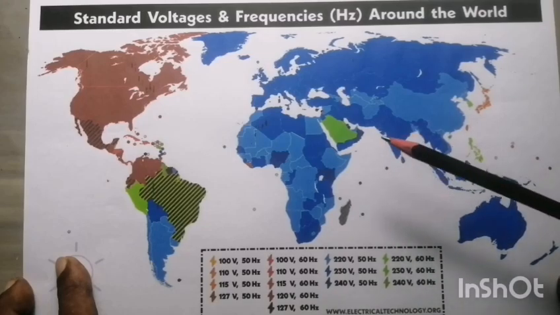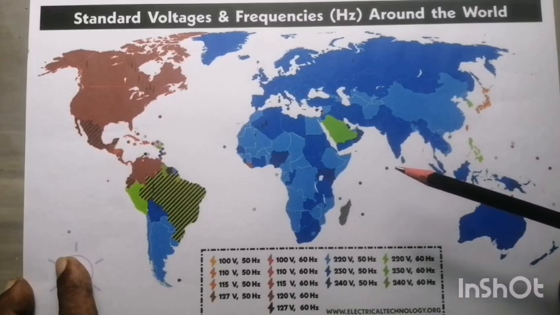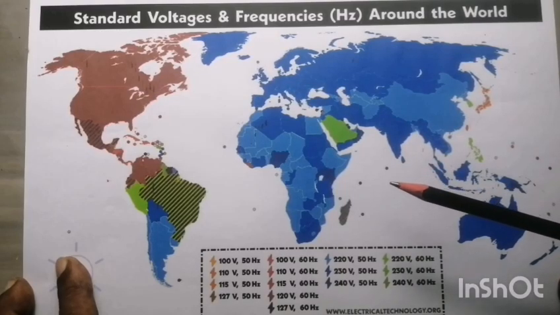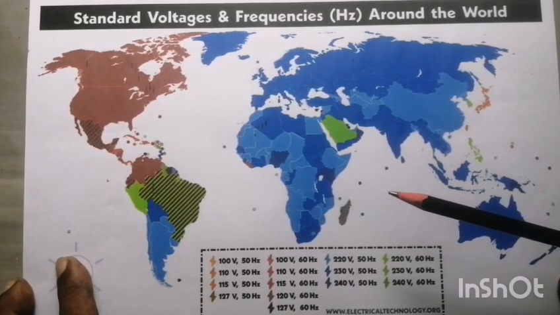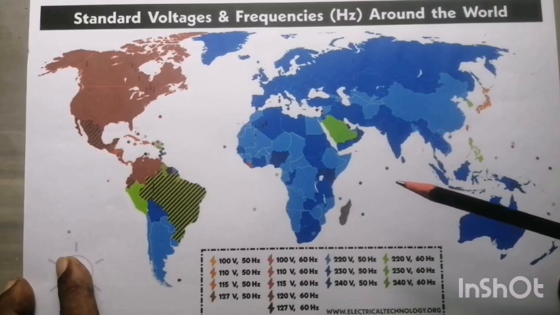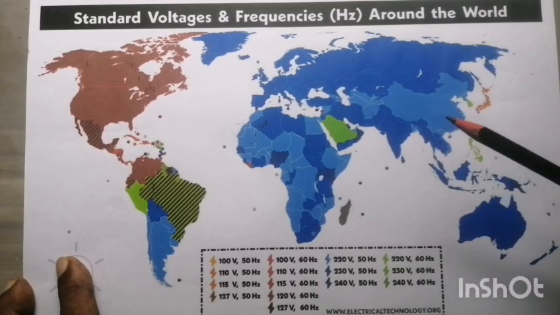Frequency is the number of complete cycles AC current makes in a second. In our country, AC current makes 50 cycles in 1 second, so it is called 50 hertz, and frequency is measured in hertz. I am just showing this for your information and nothing else.